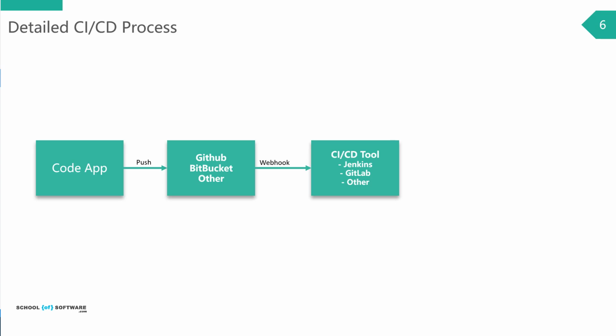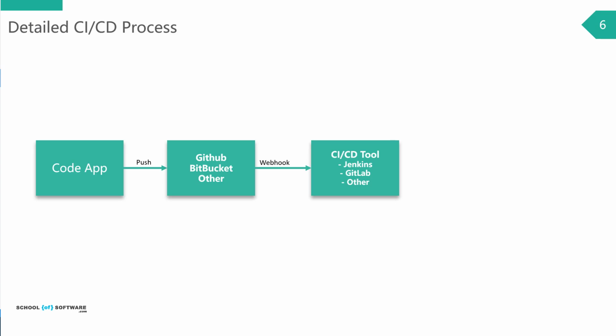It will query the repository and see if there are any changes. That's the bottom line. It's going to look for any changes in the repository, and if it finds a new change, it'll say, okay, now I have a new change, so I'm going to start my process.